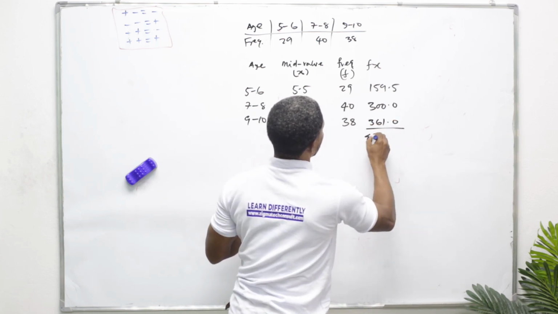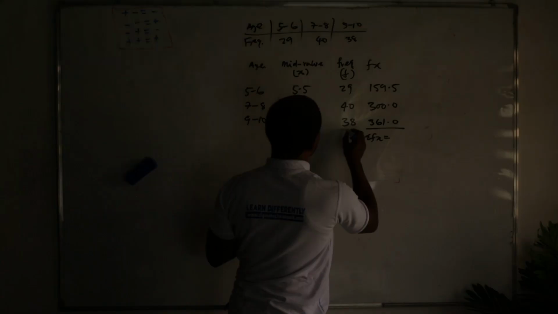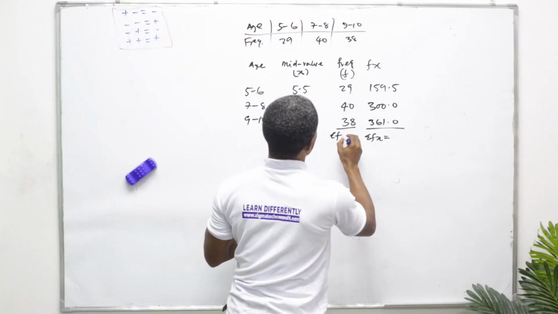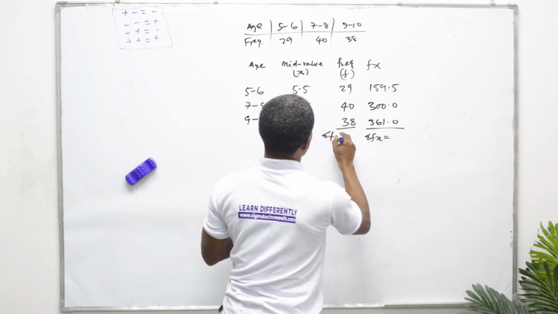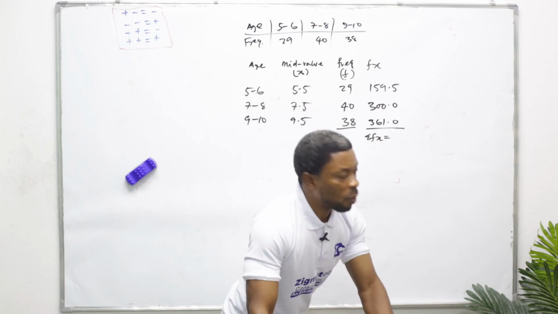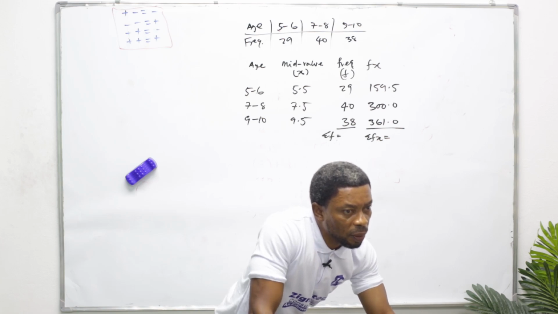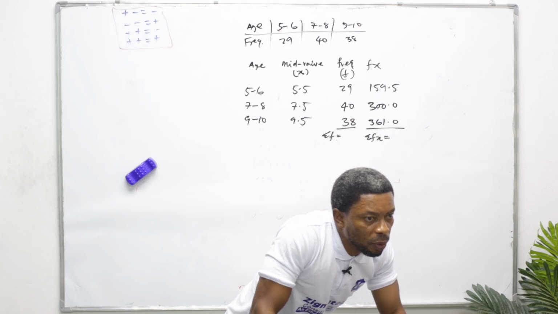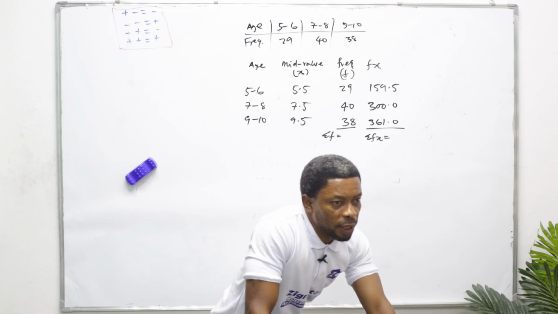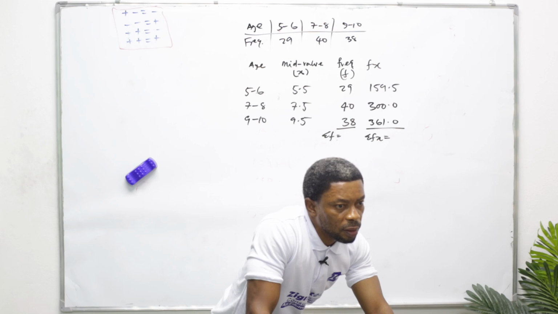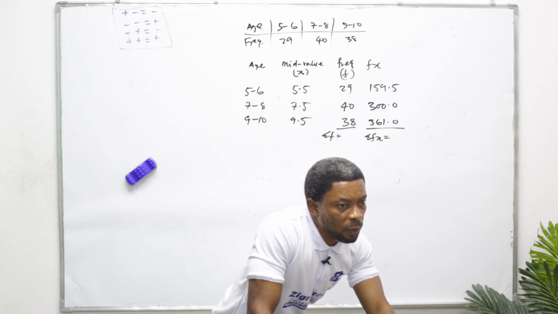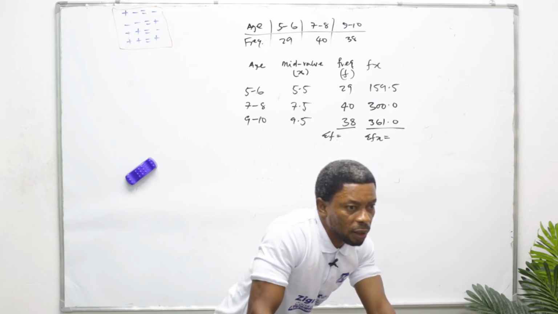Now, sum this, sum of fx. You also have sum of f, the sum of their frequency. So now let's add 159.5 plus 300 plus 361.